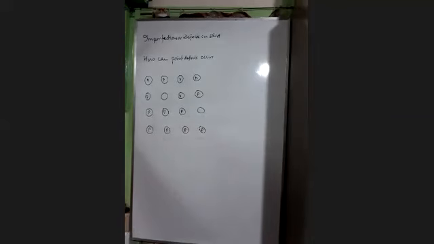So how many are absent? 2. 2 are absent. How do you know they're absent? Because it is not written as present.